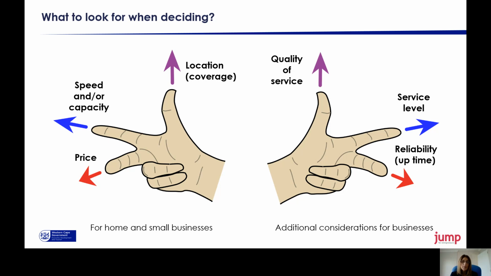Ideally, you want to have connectivity most of the time. The downtime should be very minimal, very low, because that will disrupt your business. And when you're offline, you're not able to trade and use online services. So it is important to take these into consideration and ask these questions when you're having those conversations with them.